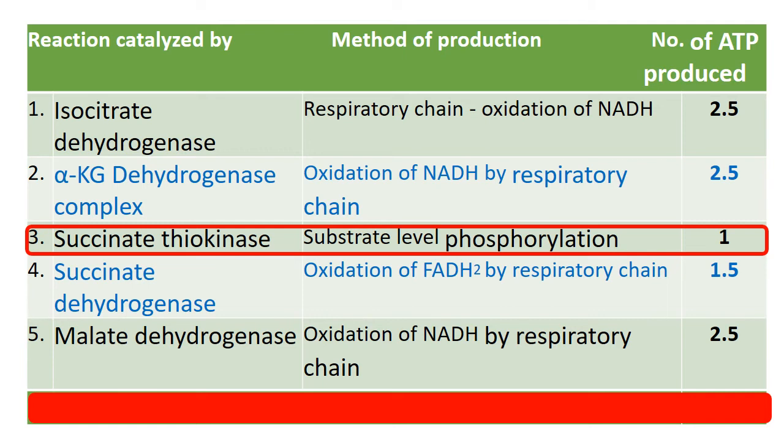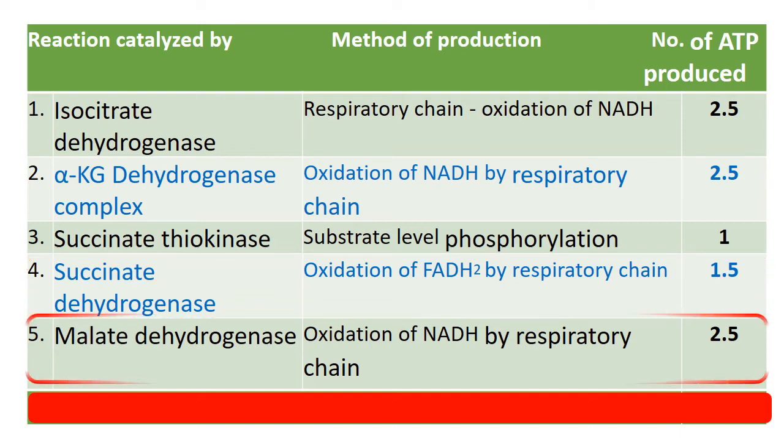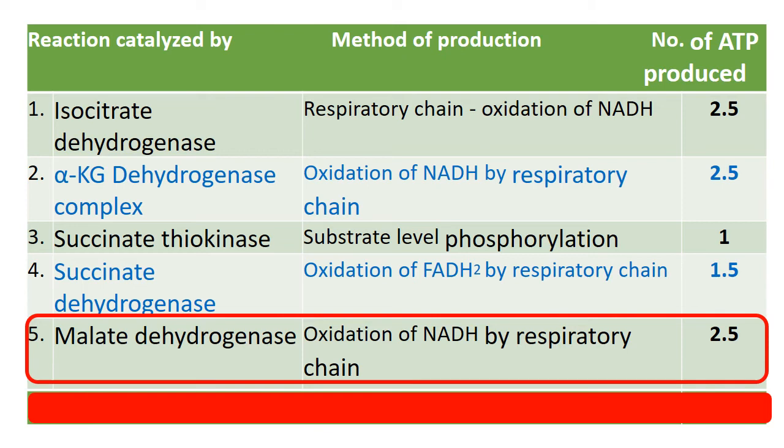In the next step, succinate dehydrogenase catalyzes the reaction, and succinic acid is converted into fumarate, and again there is a production of 1 FADH2 that gets oxidized by the respiratory chain, and there is a production of 1.5 ATPs. The last or the fifth step is malate dehydrogenase, the enzyme that catalyzes the conversion of malate into oxaloacetate.